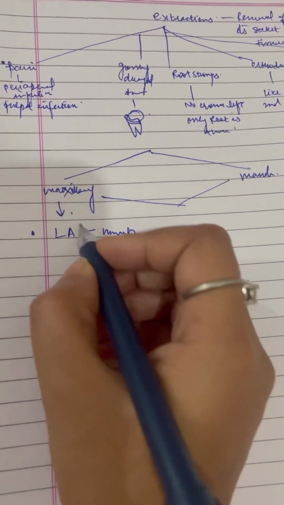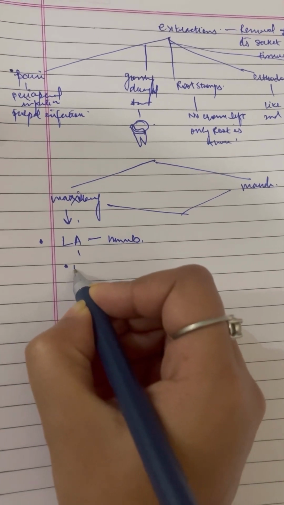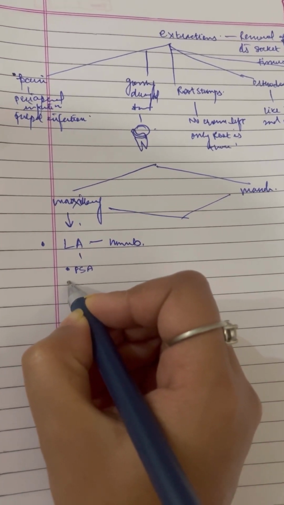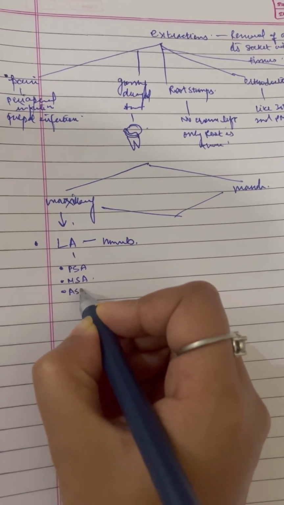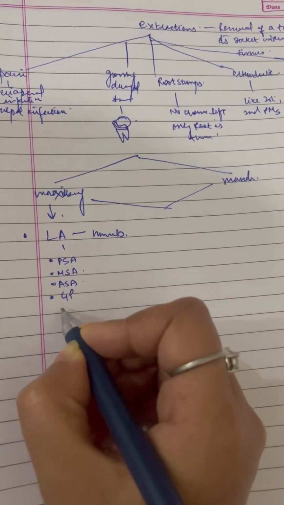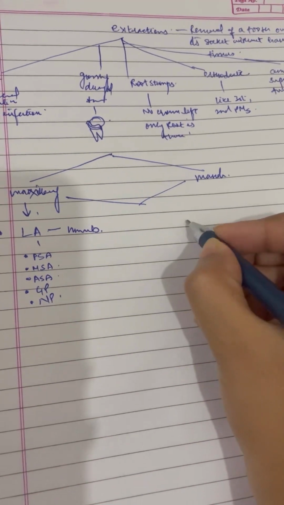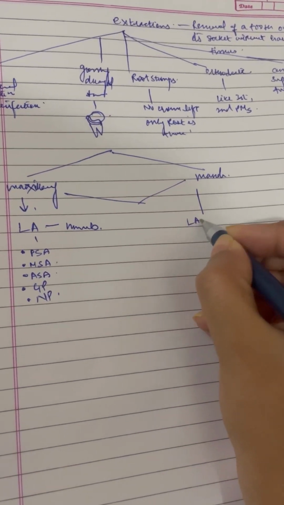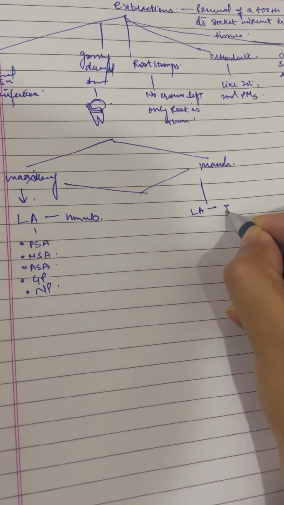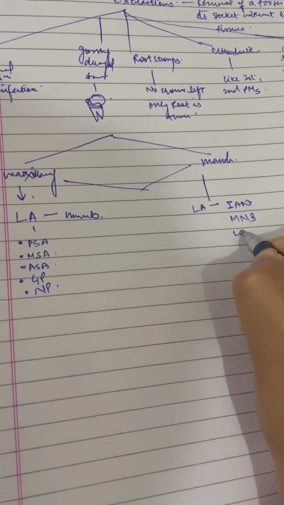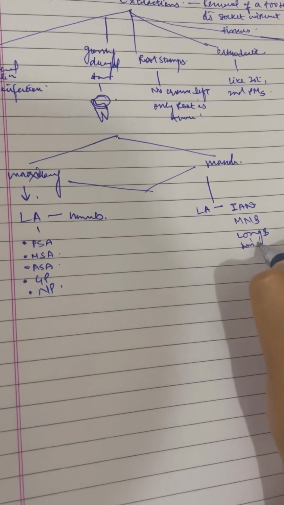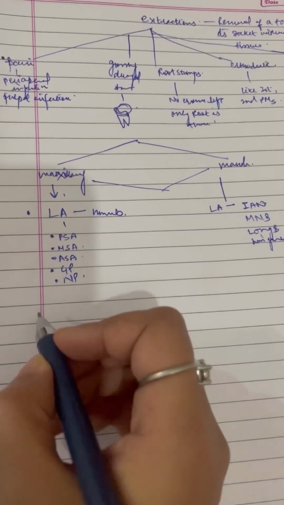In case of maxilla, we give PSA, posterior superior alveolar nerve block, middle superior alveolar nerve block, anterior superior alveolar nerve block, greater palatine and nasopalatine. While in case of mandible, we give inferior alveolar nerve block, mental nerve block, long buccal and lingual nerve block, depending upon the number of teeth.